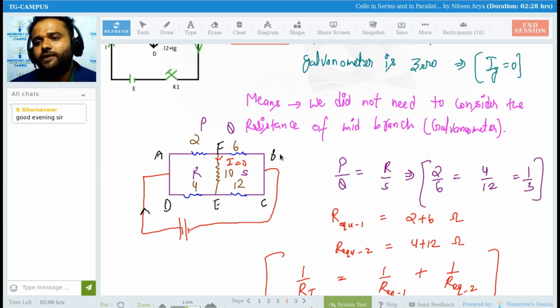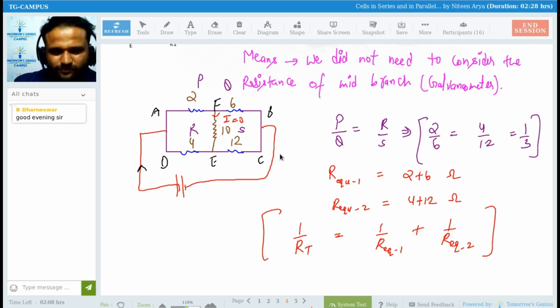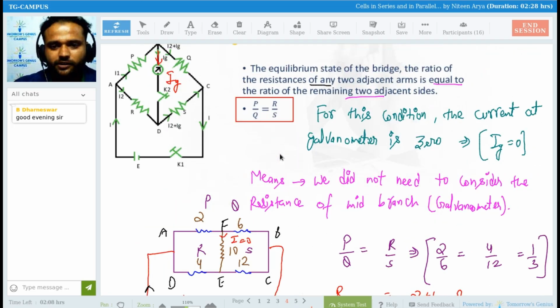It is a meter length, so we have 100 centimeters. At any particular length, this equilibrium condition is going to be fulfilled, and using this equilibrium condition only, we are going to find the resistance, maybe.